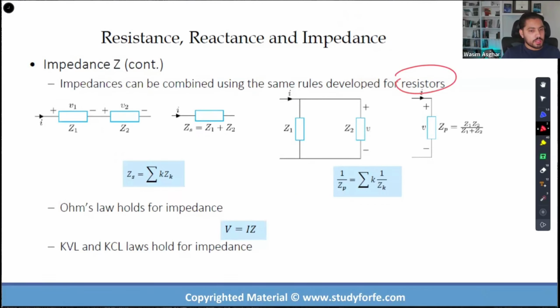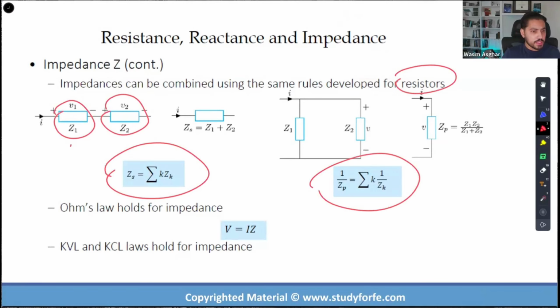We have the series arrangement of resistors. We have the parallel arrangement of resistors. Now, the series and the parallel arrangements for resistors and impedance are equally the same. If I have Z1 and Z2 connected in series, or R1 and R2 connected in series, or for that reason, when we talk about inductances, L1 and L2 connected in series, they all add: Z1 plus Z2 plus Z3 plus Z4 up to Zn.